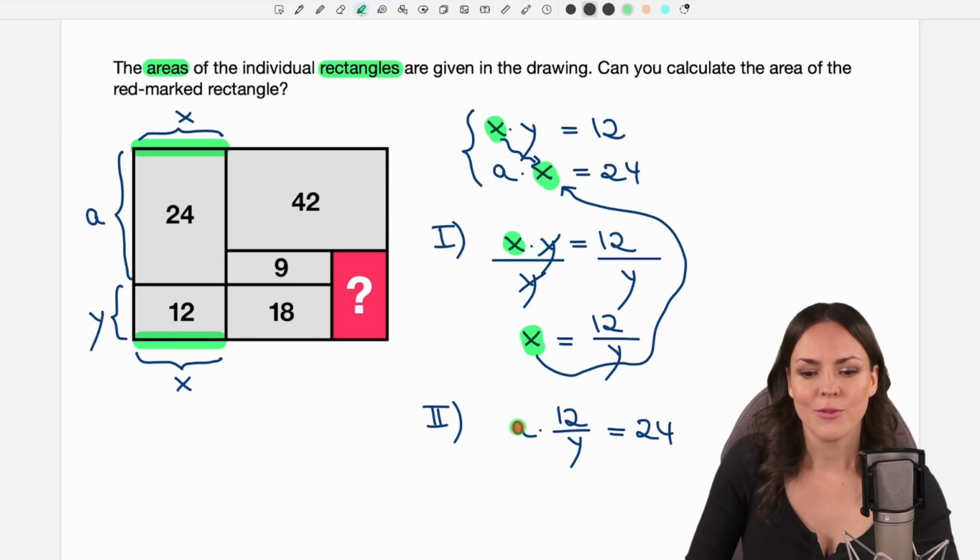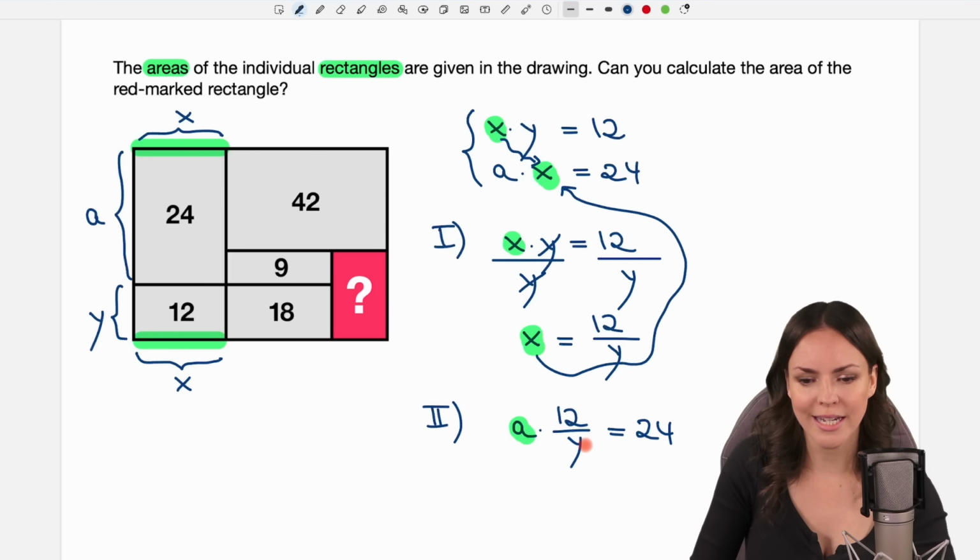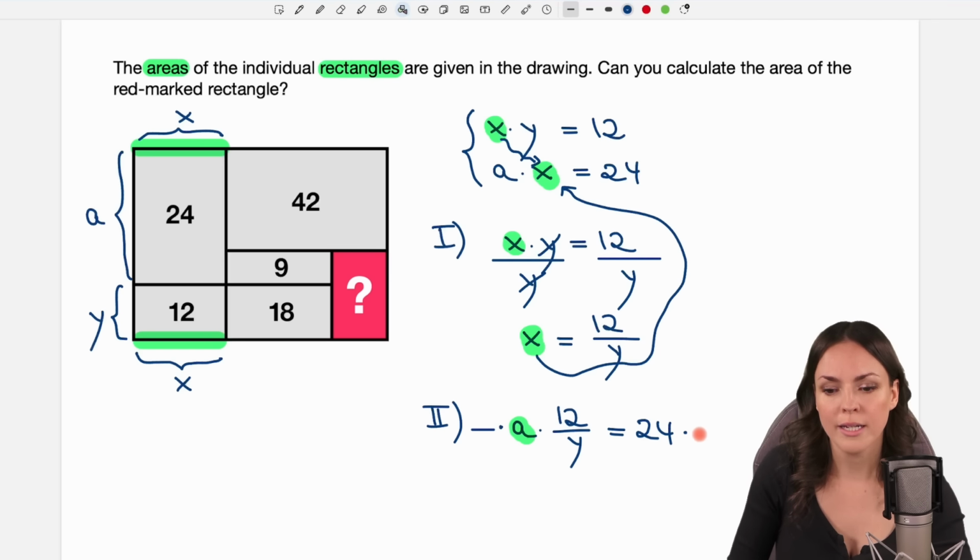Let's solve this for a now. We have to get rid of this fraction here. We can do that by multiplying both sides of the equation by its reciprocal. So we are going to multiply it by a fraction. We take the y and write it on top, here and here, and the 12 and write it down here and here.